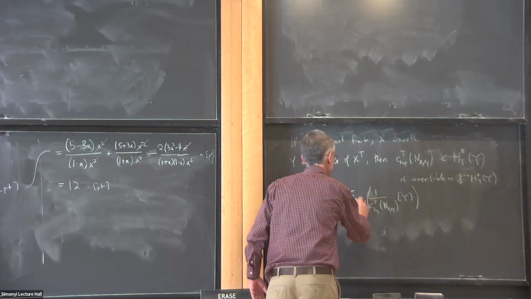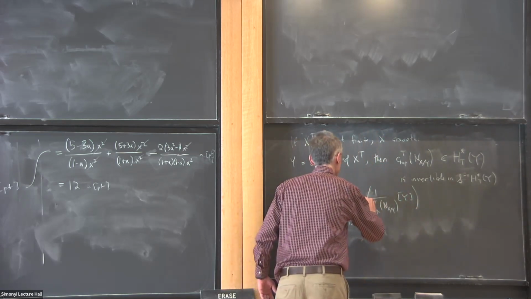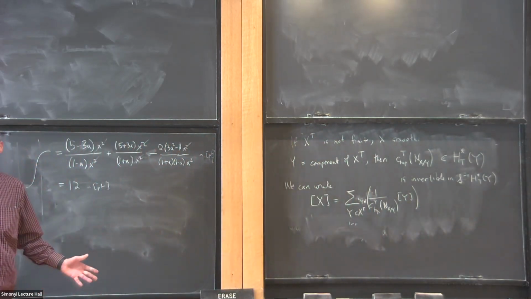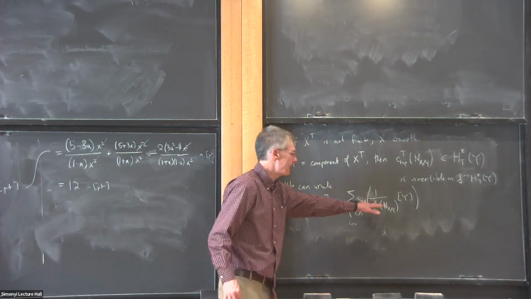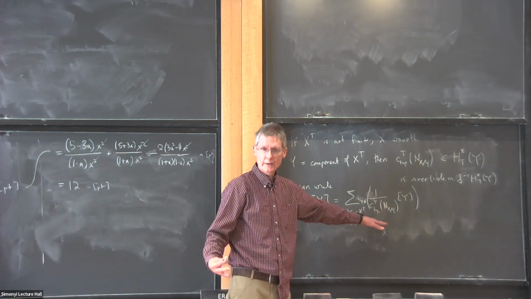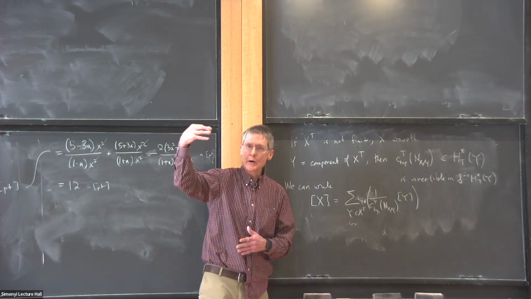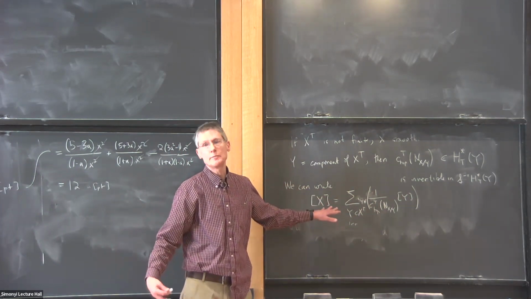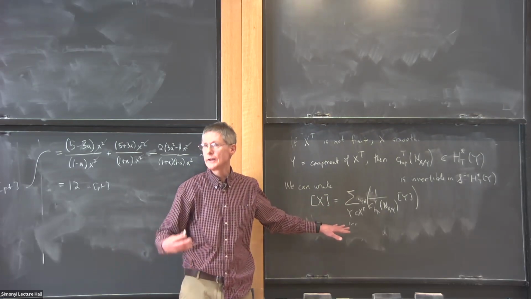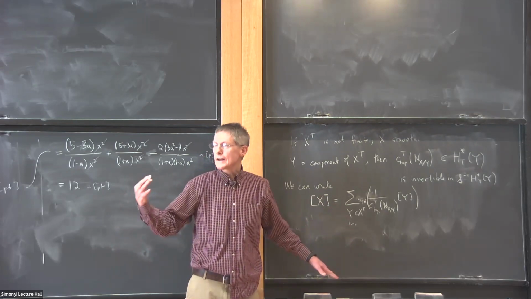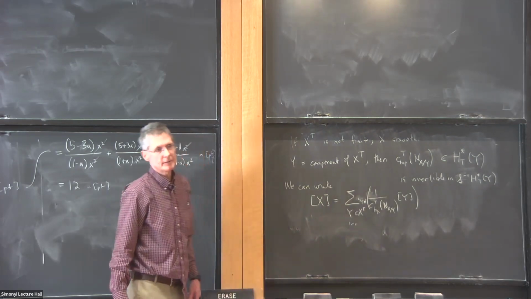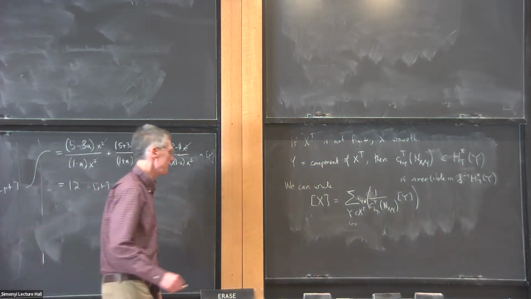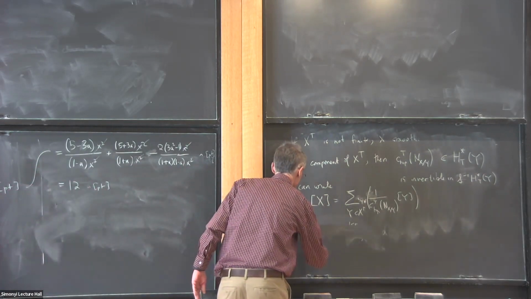So we can still write this as a push forward of classes on Y. What we've done is replaced the top Chern class of a point by the top Chern class of the normal bundle. And then the exact same argument will give you an integration formula just like before, except you'll be integrating over the components Y of the fixed point locus, which might be more or less complicated, but at least are potentially smaller dimensional varieties than X itself. So you can get an integration formula that way.